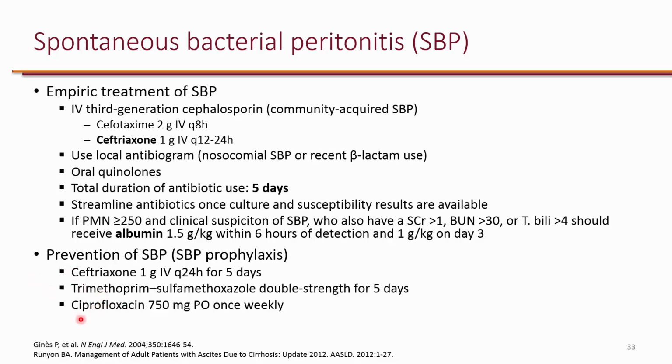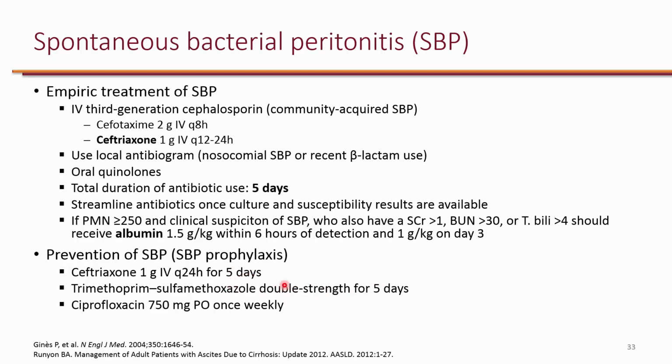So one recommended agent is ciprofloxacin once weekly. So by long term, I mean you just continue this for life. The 5-day regimen is for patients who just newly developed ascites.